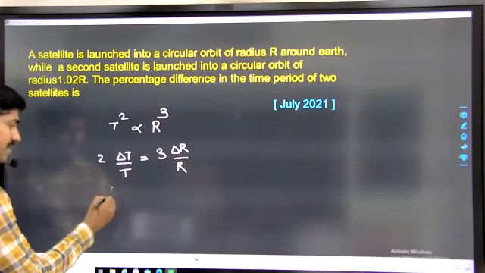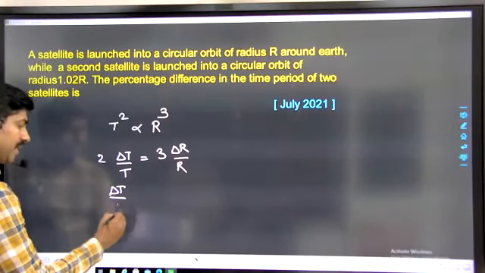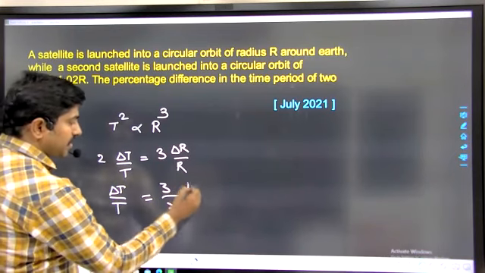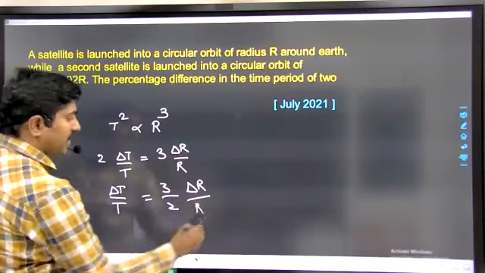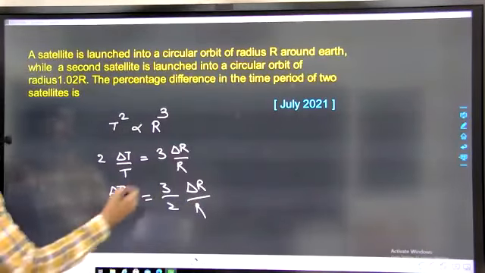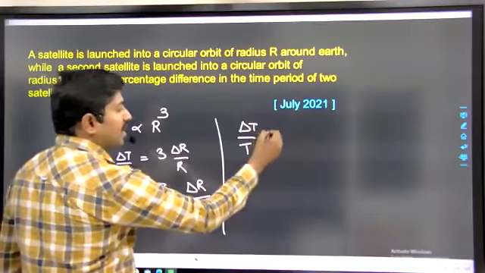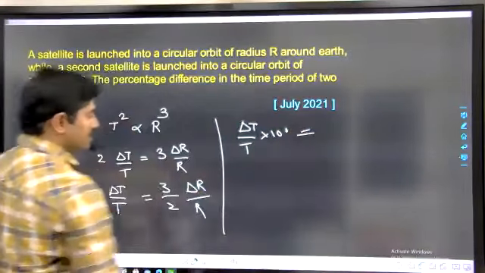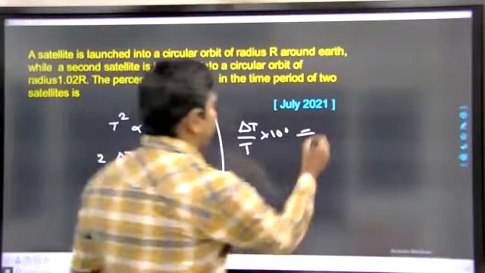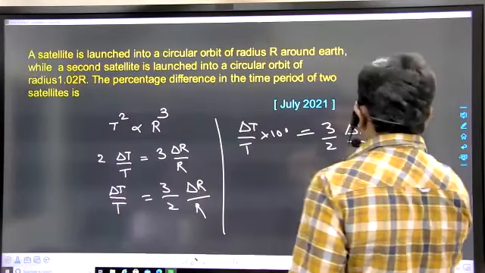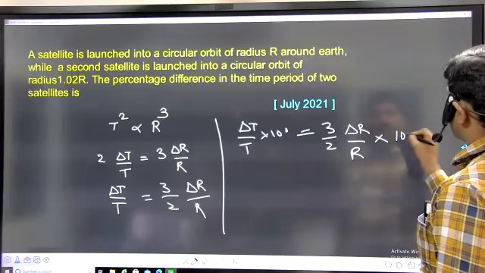That means delta T by T is equal to 3 by 2 into delta r by r. You have to calculate percentage change, that means delta T by T into 100, which is equal to 3 by 2 into delta r by r into 100.